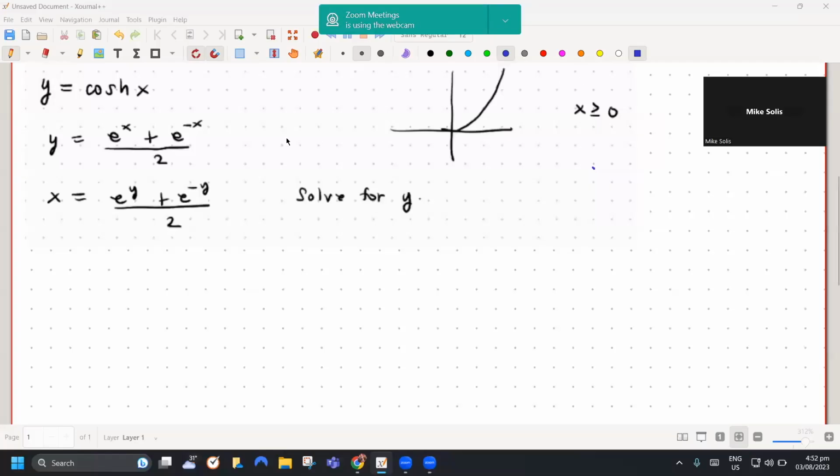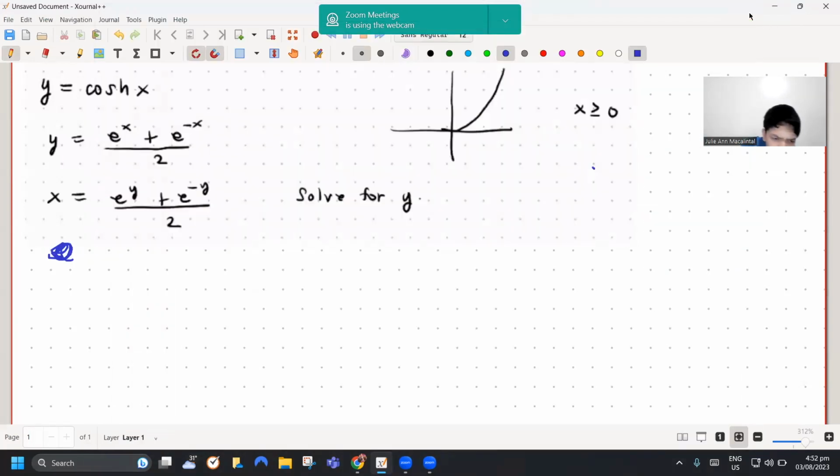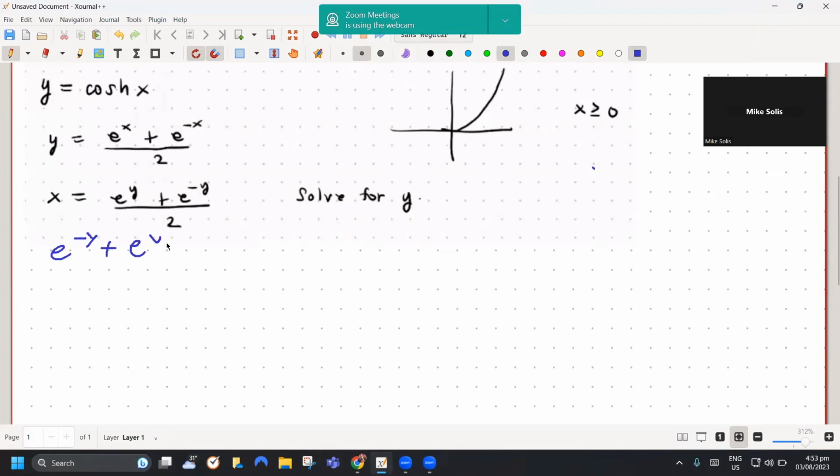Okay. Mhm. Kaya pwede, i-work out mo naman yung algebra to get to e to the y, or e to the 2y, kasi yun yung kailangan natin, di ba?